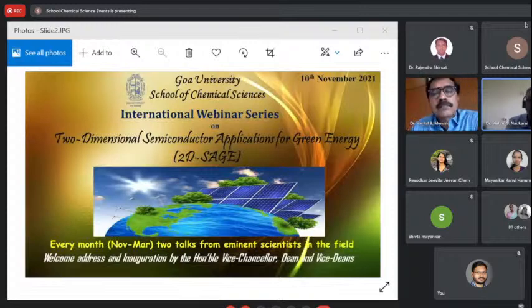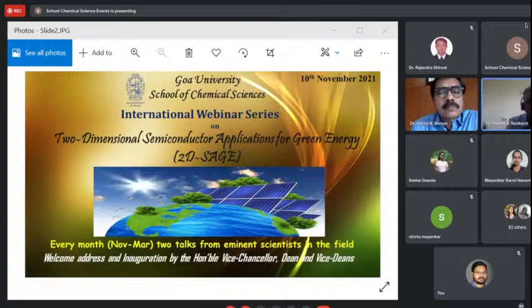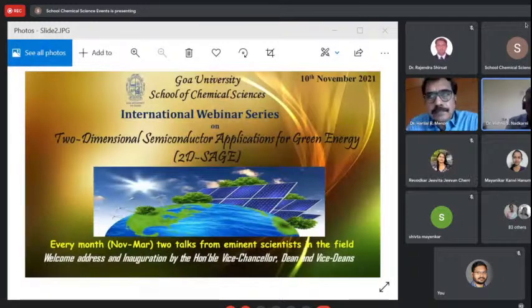This has now become the need of the hour. So we thought that such a platform will inspire and develop opportunities for research aspirants in Goa, as well as result in collaborations through interactions with key scientists all over the globe as well as within India.